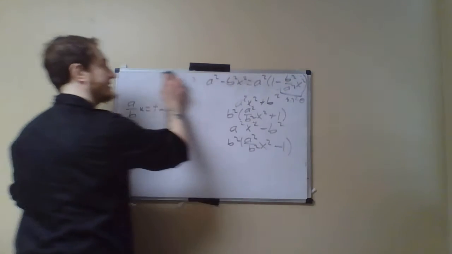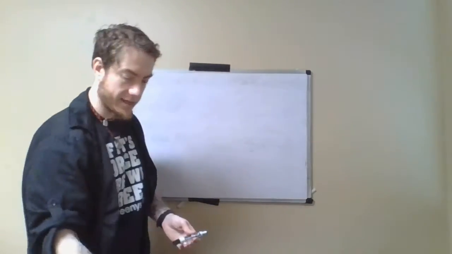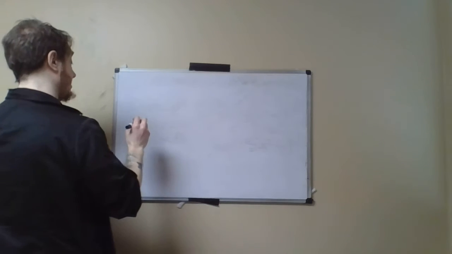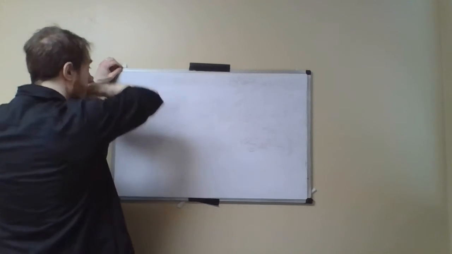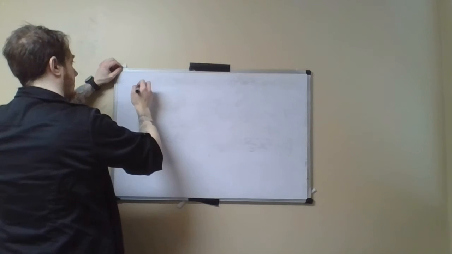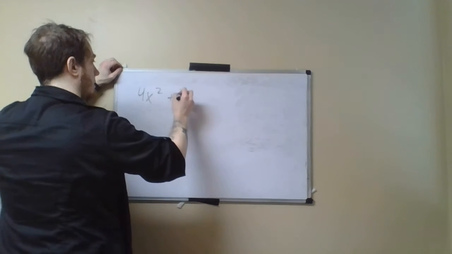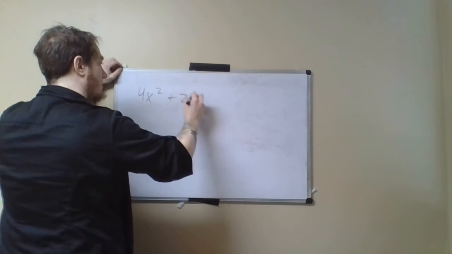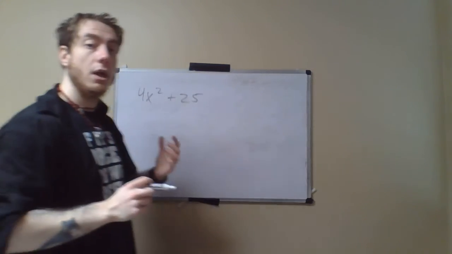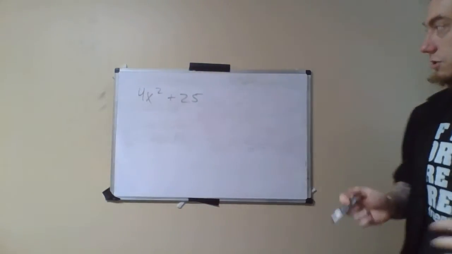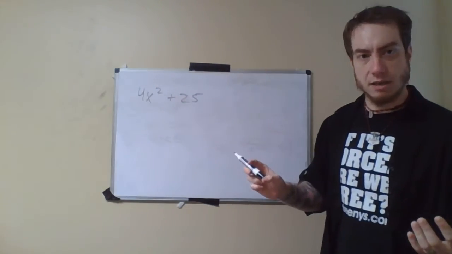So for example, instead of just memorizing the table, let's suppose that the expression that I see is something like 4x squared plus 25. And I want to rewrite this in a way that's going to be useful for me using the trig substitution. So this is something that shows up inside an integral. I know I want to do a trig substitution.